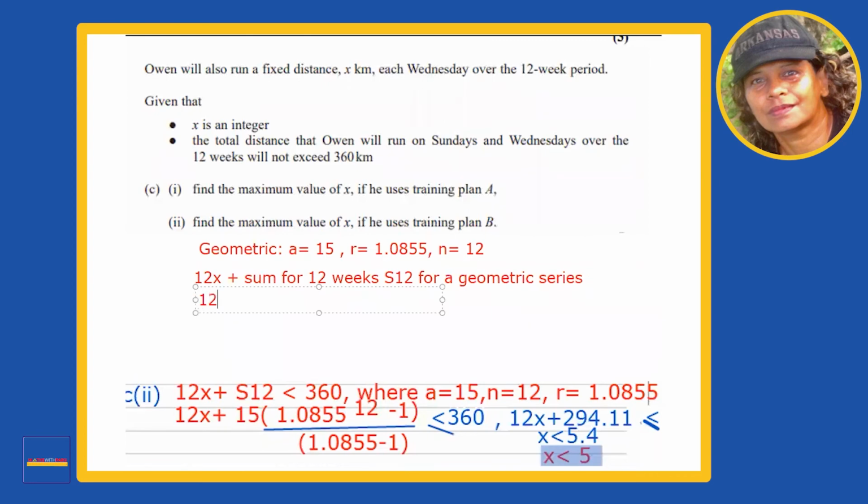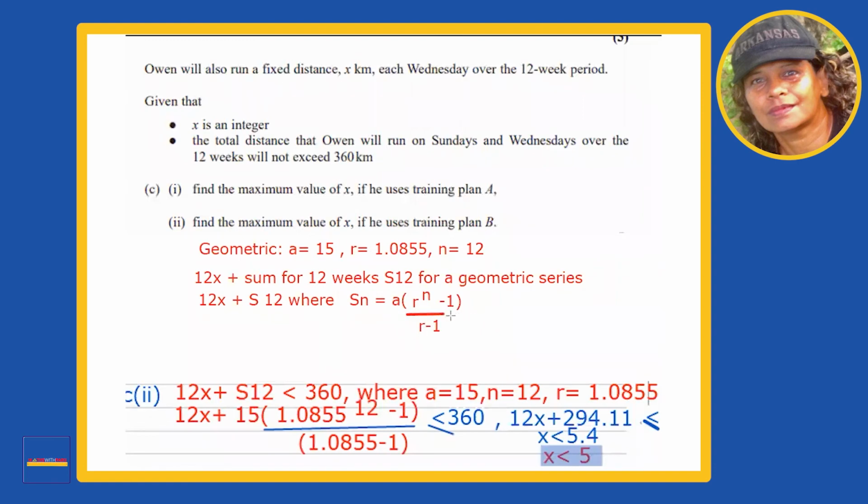So we have 12x plus S12, where for a geometric sequence, Sn is equal to A into R to the power n minus 1 over R minus 1.